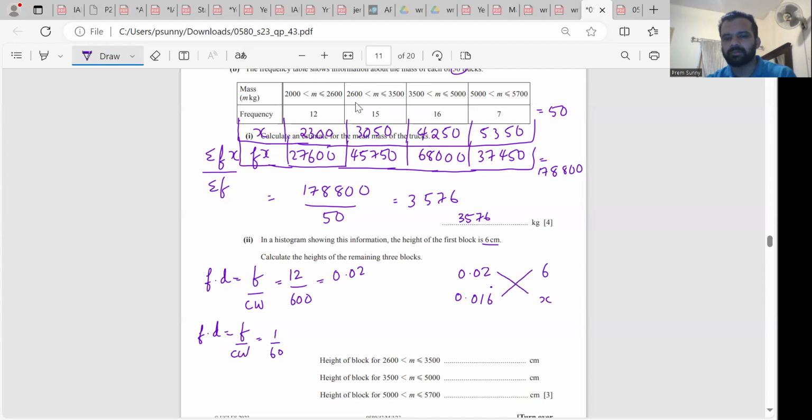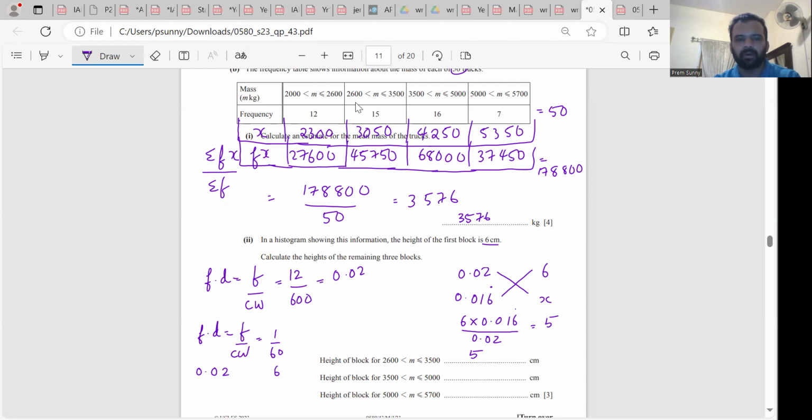What you have to do is cross multiply: 6 into 0.016 recurring, divided by 0.02, will give me the answer as 5 centimeters. Same thing: 0.02 frequency density represents 6 centimeters on my histogram.